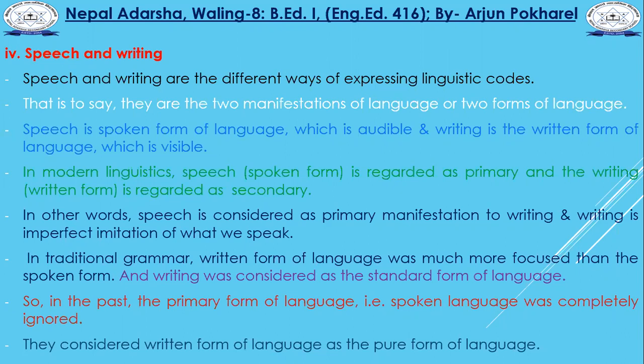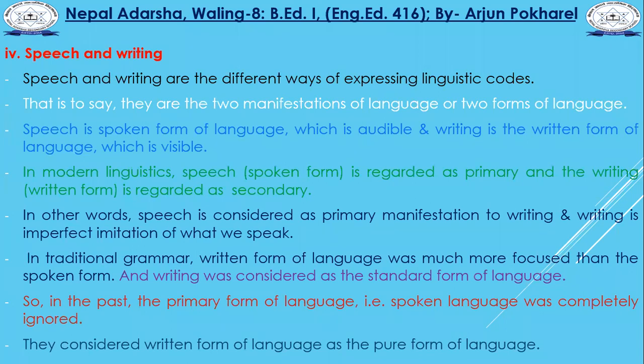Why is speech primary? Because we speak before we write. A child speaks before he or she starts writing. That's why speech is regarded as the primary manifestation, and writing is the imperfect imitation of what we speak.